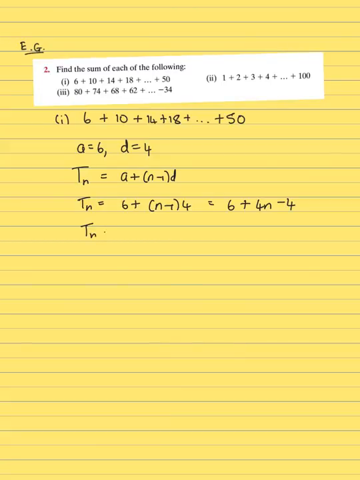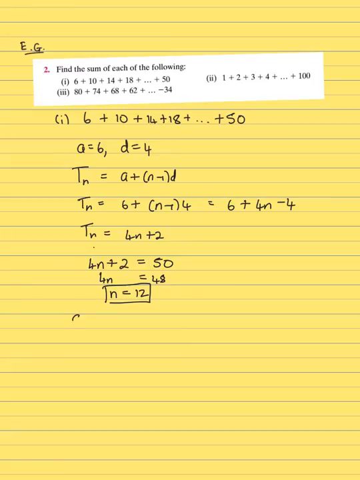In other words, the general term is 4n plus 2, and we want to know when that is equal to 50, because we want to know when we got to 50. So 4n plus 2 is equal to 50, so 4n is 48. So this means that n was 12. We now know there are 12 terms in this series.